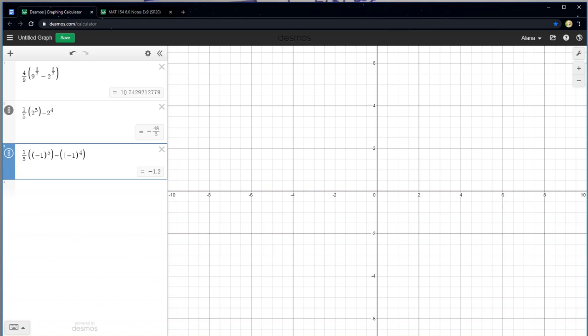Let's see if I did this right. 1/5 times, whoops, I screwed that up. All right, 1/5 times -1 to the 5th minus -1 to the 4th. There we go. So -1.2. I think I had it already, but I just wanted to be careful. And that's -6/5.